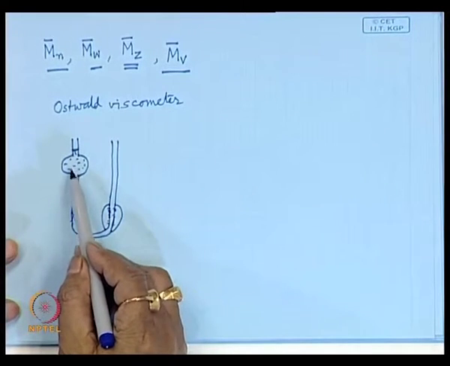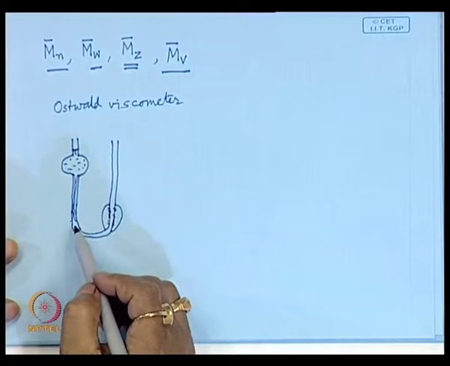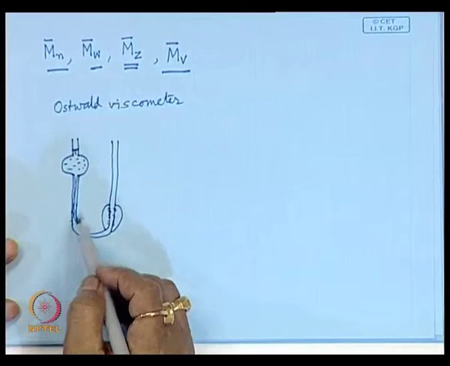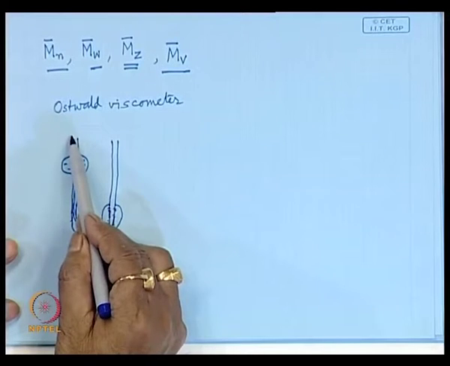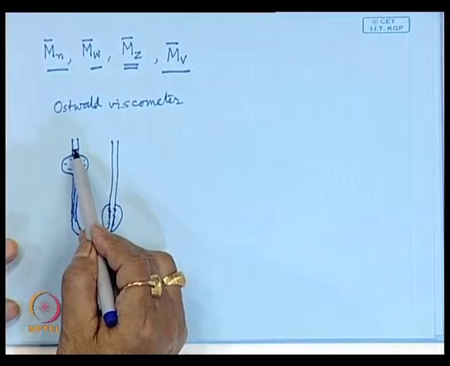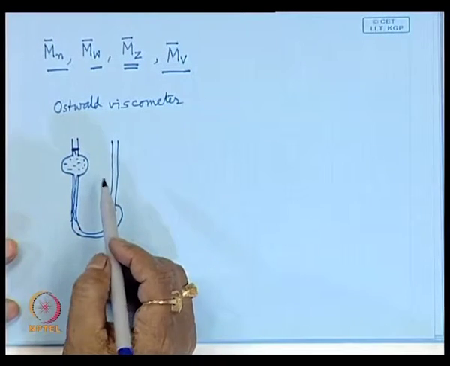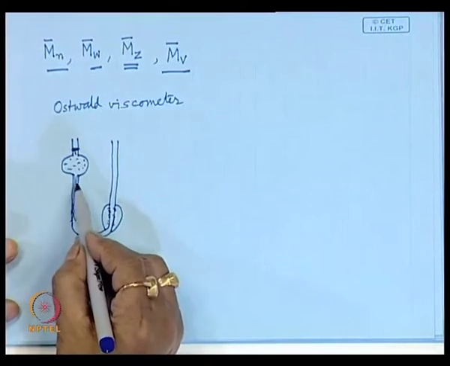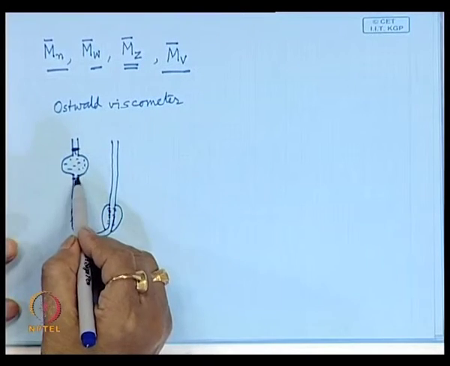So, when this liquid passes through this capillary by the action of gravity, you can measure the flow time. You take a stopwatch, you suck the liquid through this limb, raise it beyond this level, then you start counting time when the meniscus starts coming down from this level, till it crosses another mark over here.